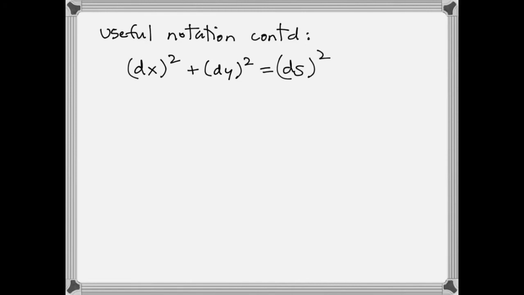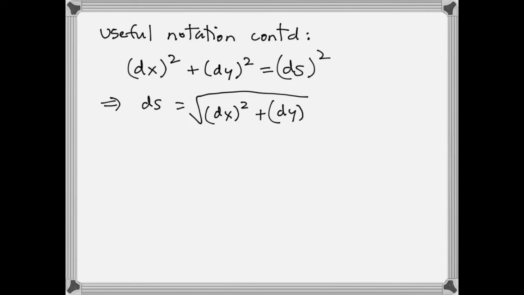If you think of it that way, then this means that ds is really the square root of dx squared plus dy squared. Now, this is better than you think, because if I factor out a dx squared from this, doesn't this become that?